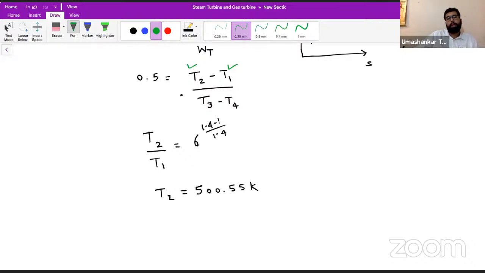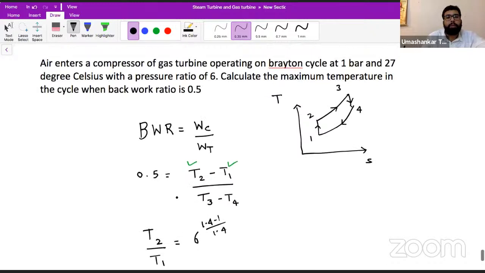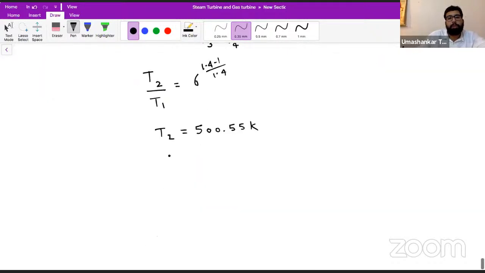Now to find T4, we don't have T3 either, but we can use the pressure ratio relation. T3 by T4 is equal to the pressure ratio to the power 1.4 minus 1 upon 1.4.